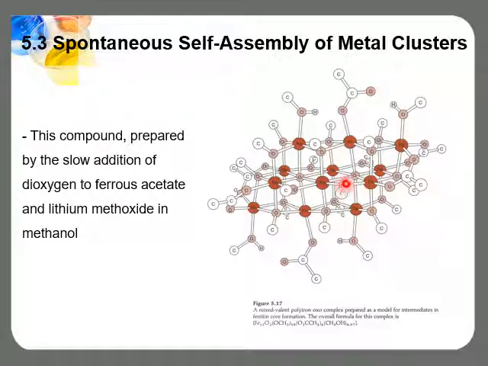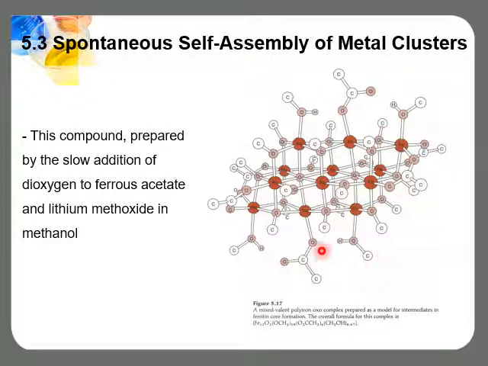But this oxygen is linked to carbon, so it may be from other ligands, and some are bound to water and some are bound to hydroxyls. Anyway, this is the structure of the iron oxide core in the ferritin.